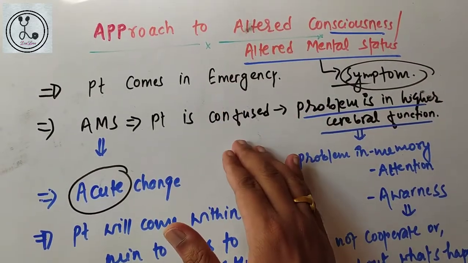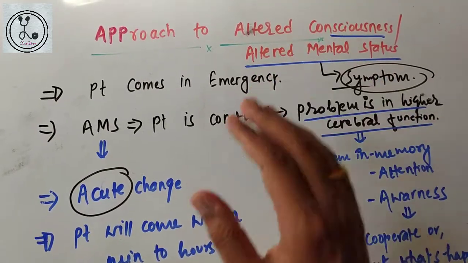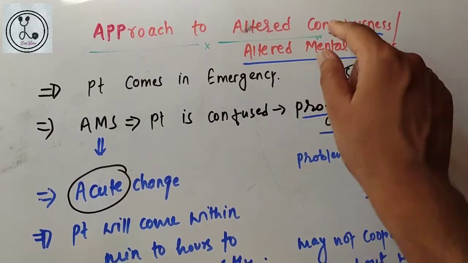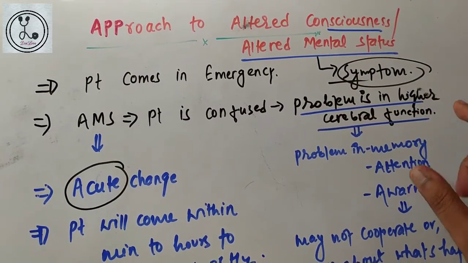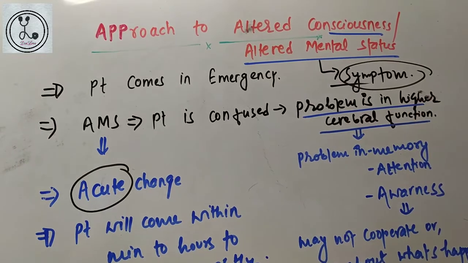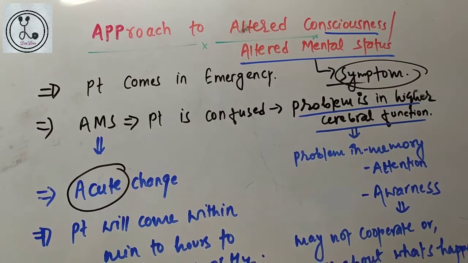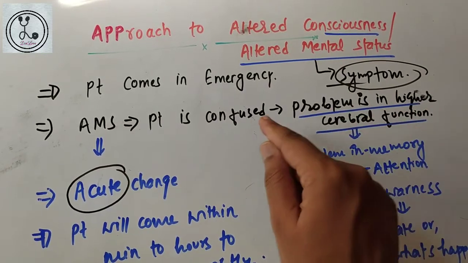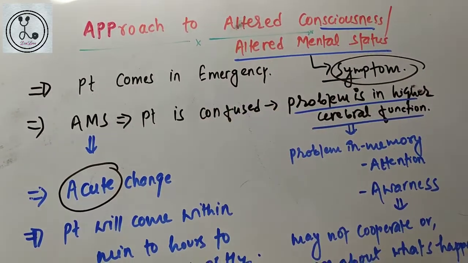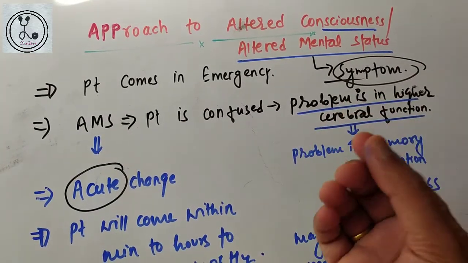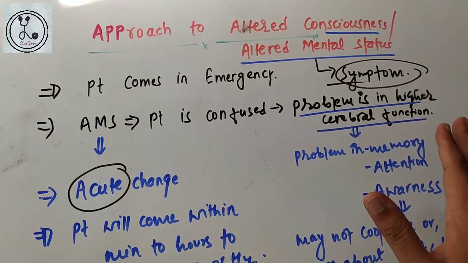If the patient is confused, there is somehow a problem in the consciousness, and consciousness is totally related to the higher cerebral function. So if the consciousness is altered, or the patient is confused, it simply tells you that there is some kind of problem in the higher cerebral function.